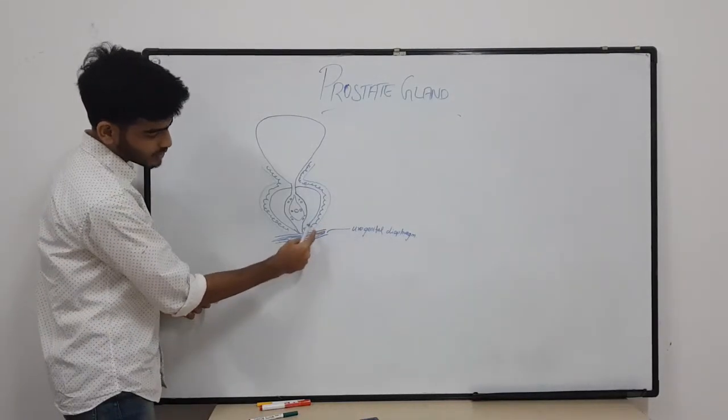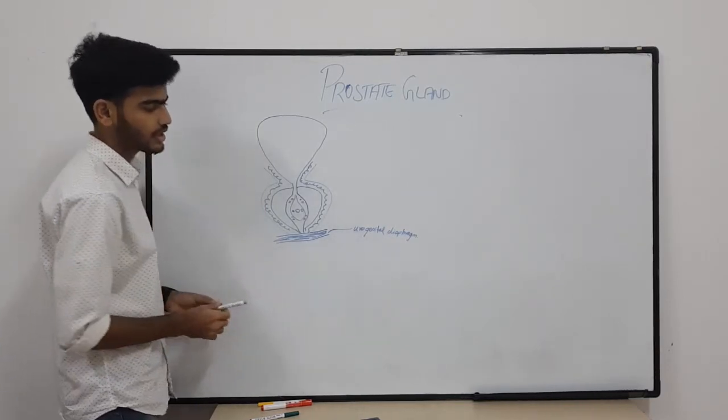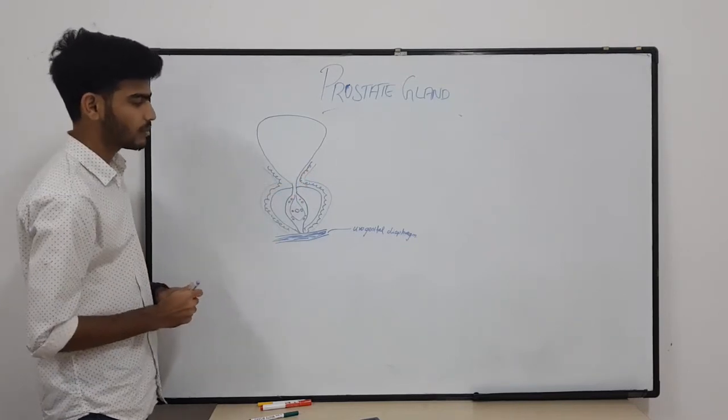So this is the apex, which is directed downward, resting on the superior surface of the urogenital diaphragm. And this is the base, which is at the neck of the urinary bladder.